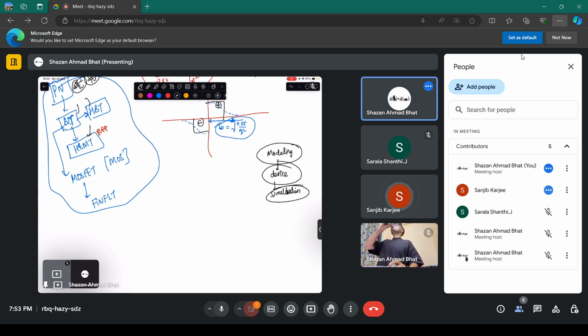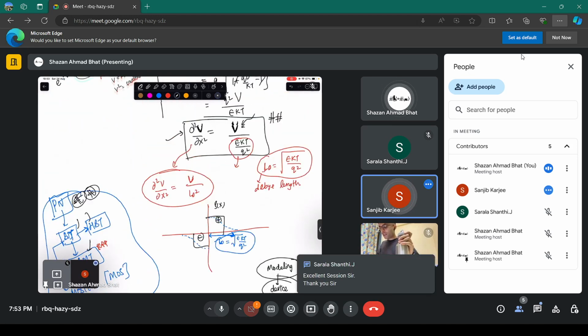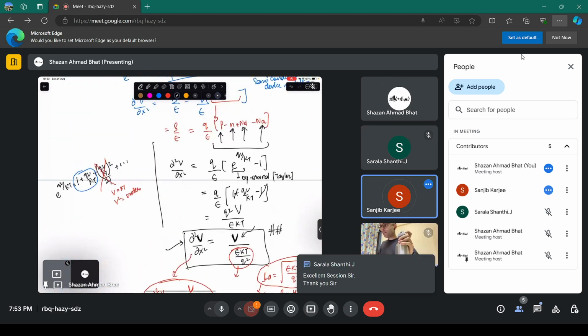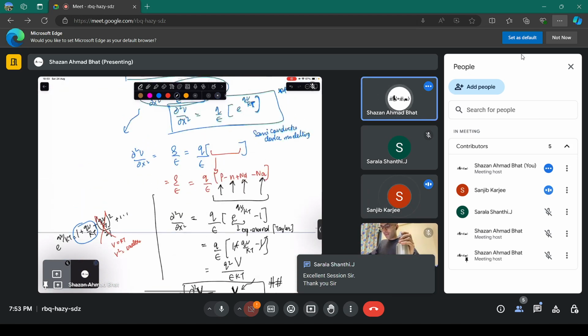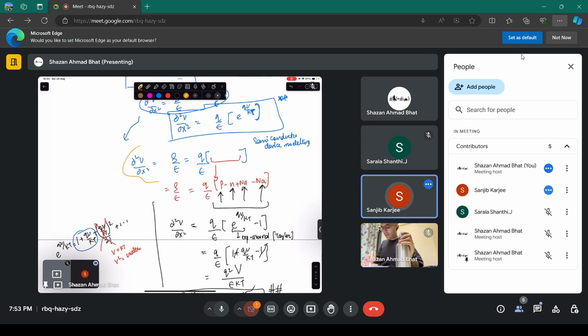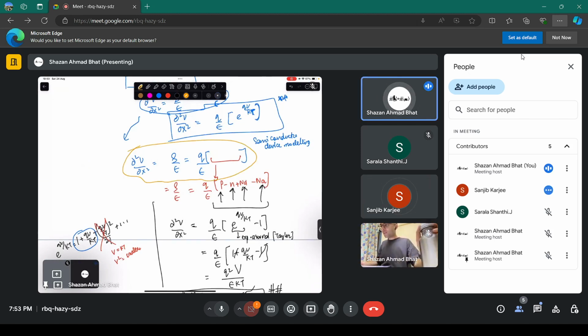Sir, I got the solution of the equation in the book, Modern Physics. Of which equation? Of this Poisson equation. Under certain approximations you can solve it exactly, you can solve it by hand. This is a differential equation, d2y by dx square is equal to some a times x.